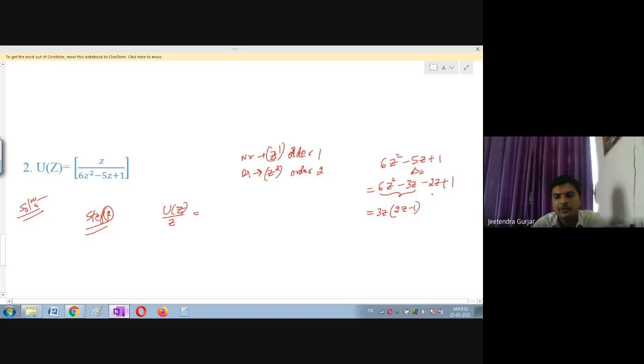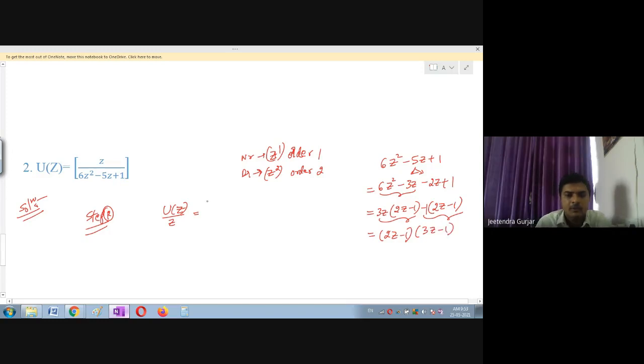Same way, I want it in terms of 2z minus 1, so I will take minus outside, so that in the bracket minus 1 will be there. This is going to become 2z minus 1. So you can simplify from these two terms. What is common, students? 2z minus 1 is common. What is remaining? 3z minus 1 is remaining.